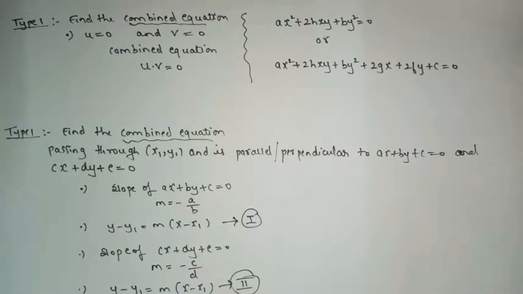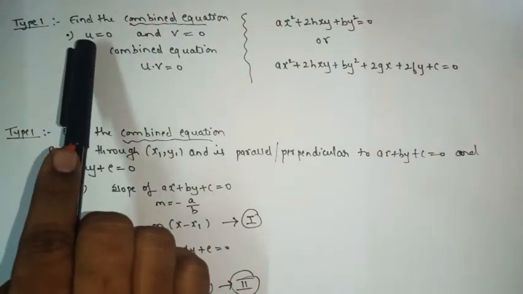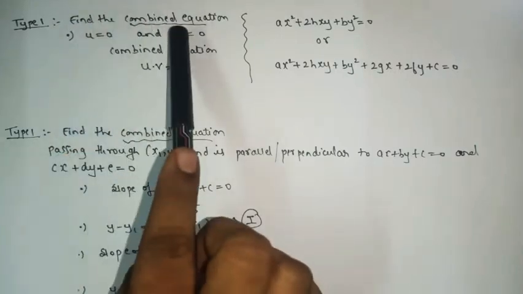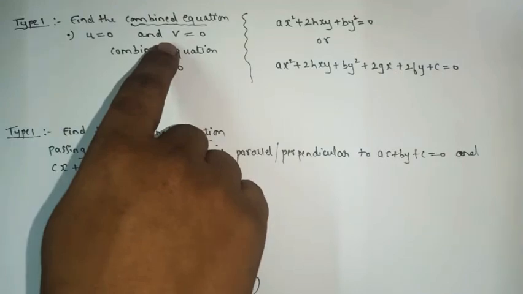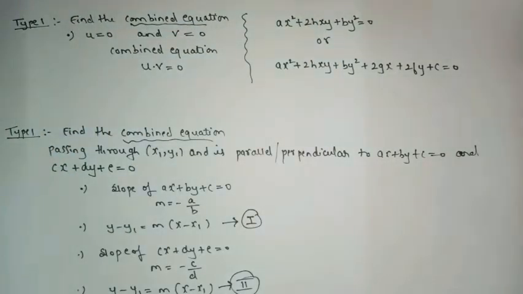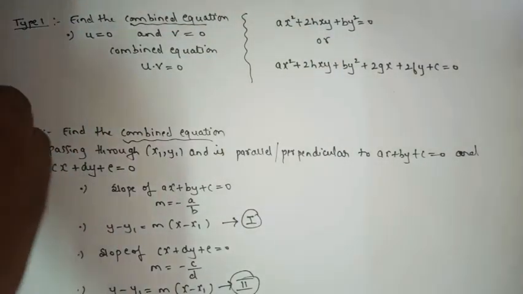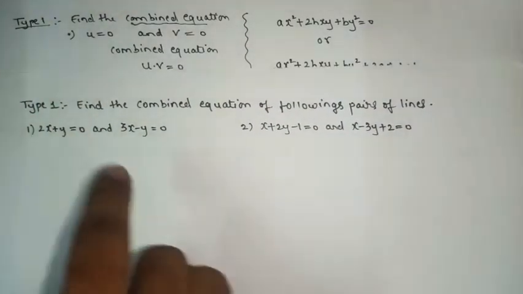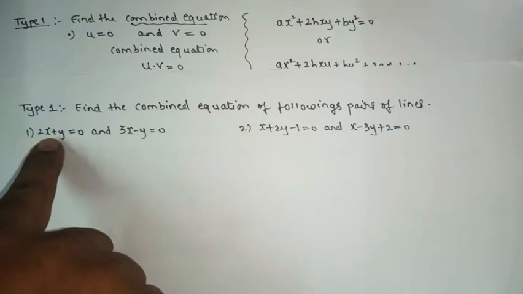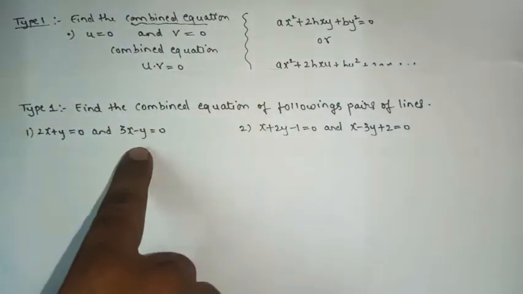Now we'll see. Suppose you have two equations; we'll consider u and v as the two equations of lines, and those equations will be in the form of linear equations. Yes or no? Here we have an example. We'll consider the first part as u and the second part as v.